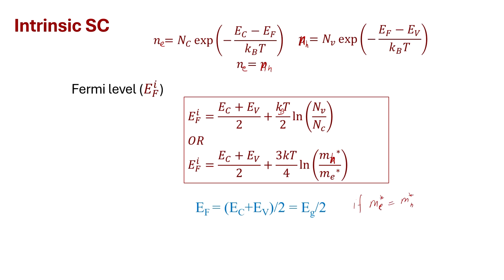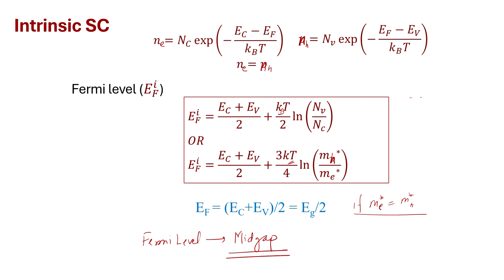So, what it means is that if this condition is fulfilled, then the Fermi level will be mid gap. But often this is not the case, because there is an effect of temperature, and there is a difference in effective masses. Fermi level as a result may be a little bit off from the exact center of the band gap.